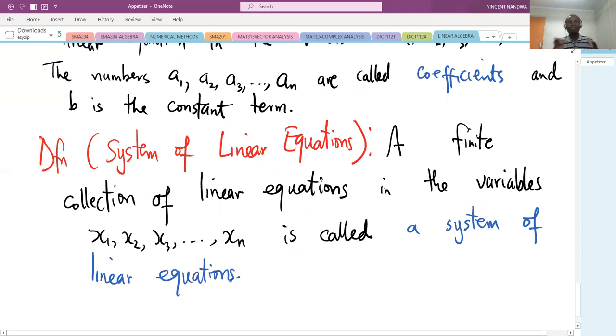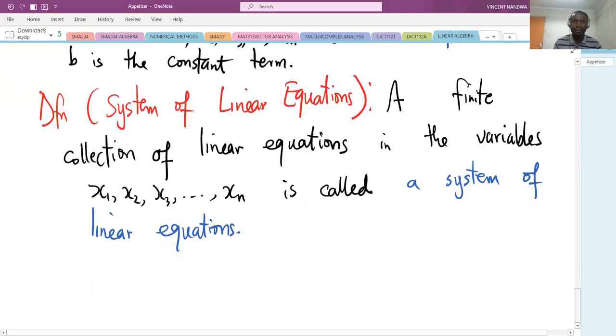So now when we have many linear equations, we put them together, then that collection is what we call a system of linear equations.